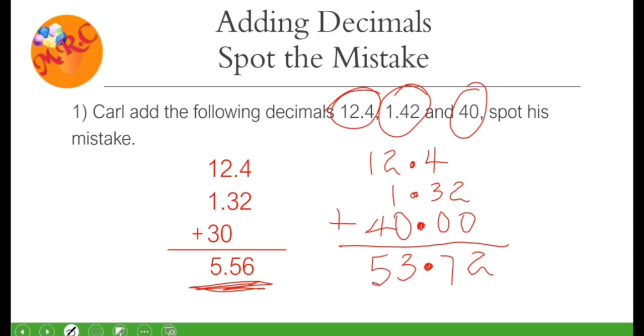Good. Look at the answers. You see how important alignment is? He got 5.56 for his answer, and we got 53.72. Very important to align, okay? Great. Let's continue.